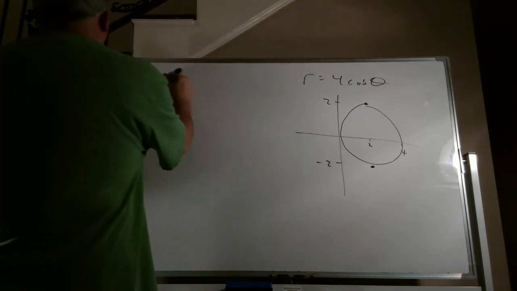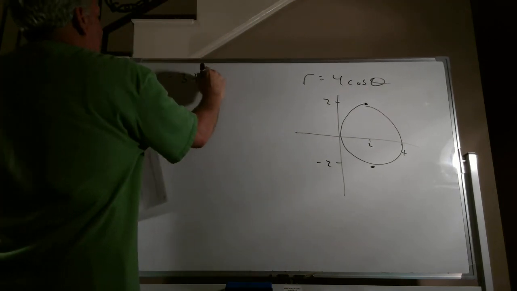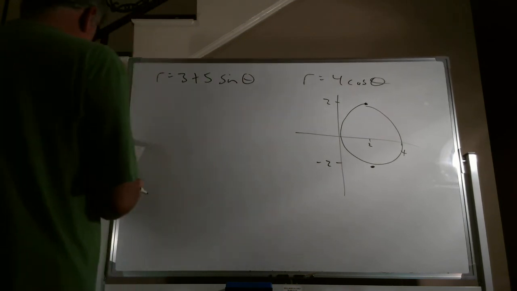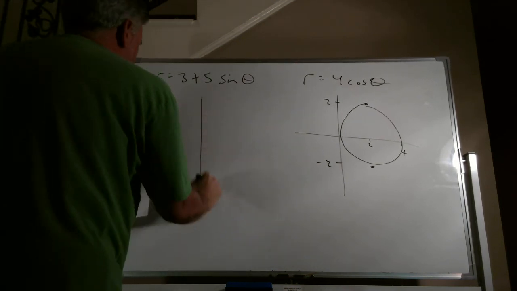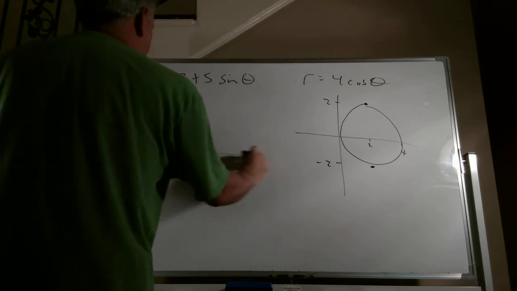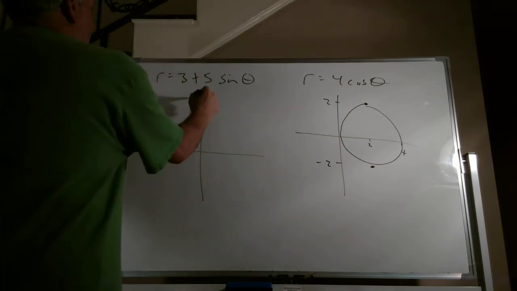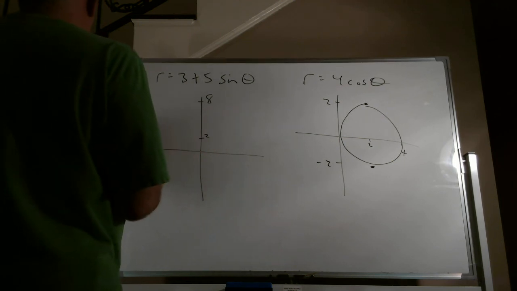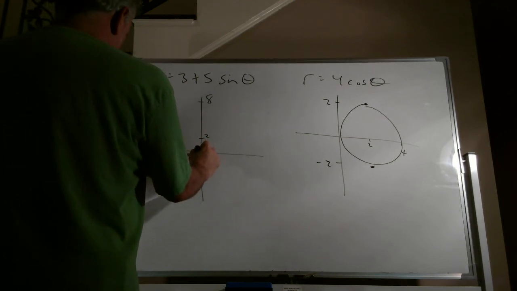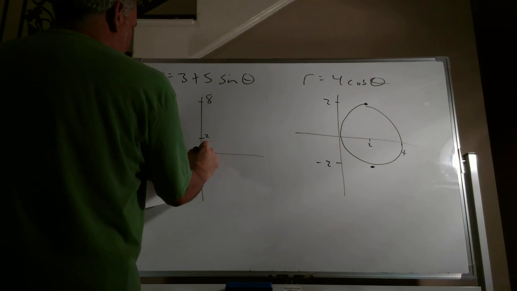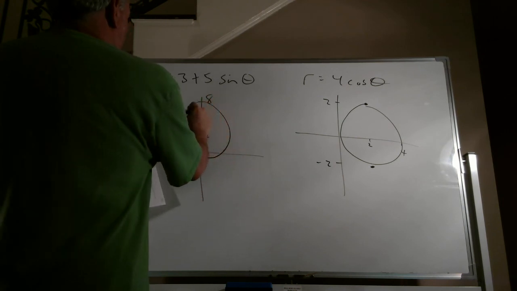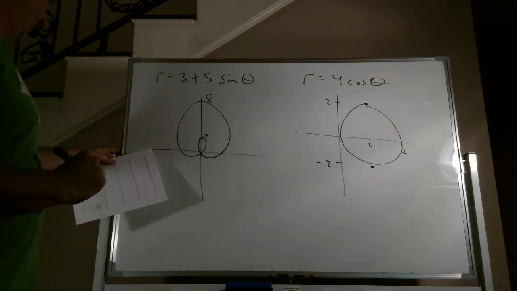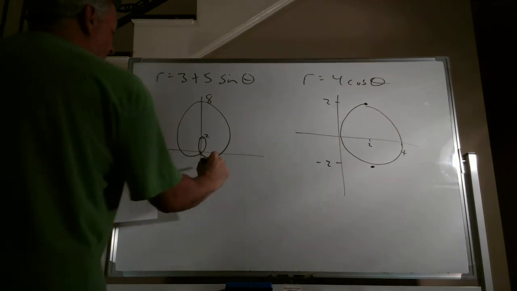The next one is r is 3 plus 5 sine theta. Now this one is a little different. So it crosses up here at 8, and it crosses here at 2, and it does this, if I can draw it. So it's a loop inside a loop.